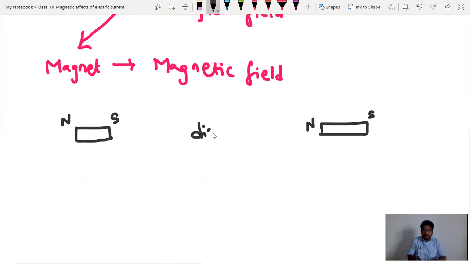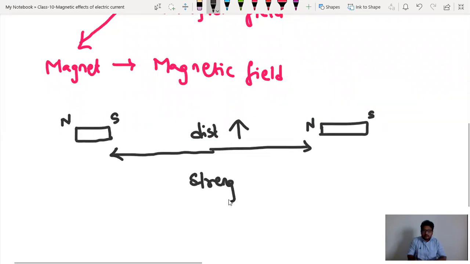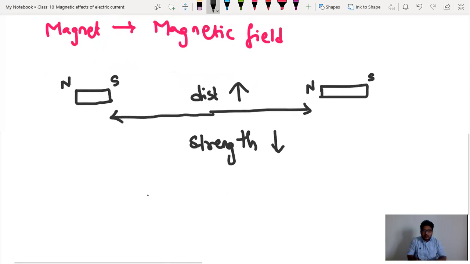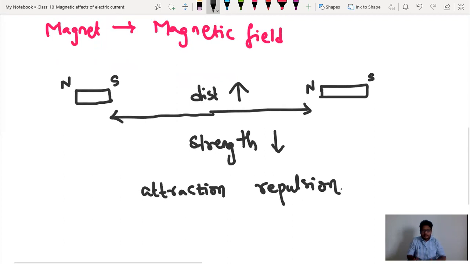The distance is great, so there is a huge distance. When the distance is great, its strength will be less. What is that strength? Strength of attraction or strength of repulsion will be less.